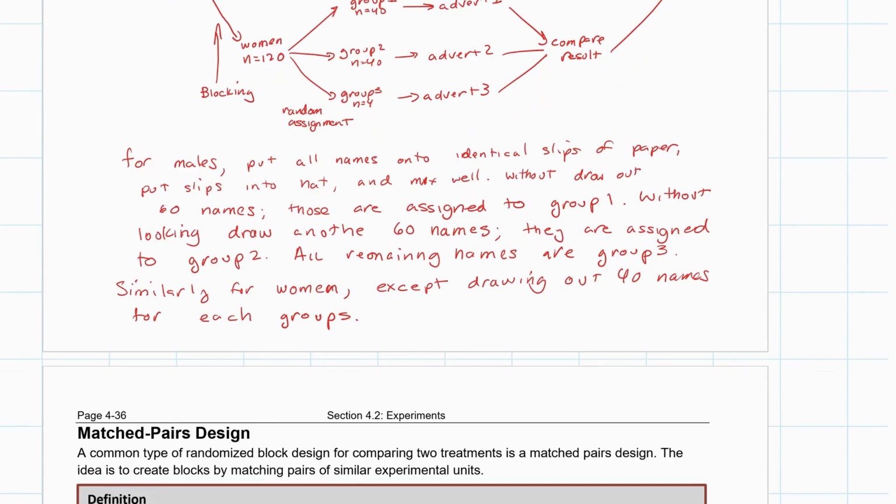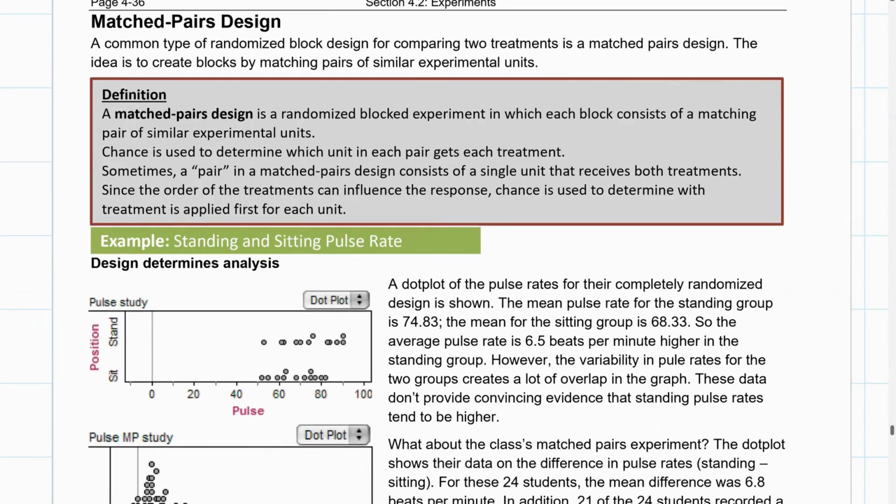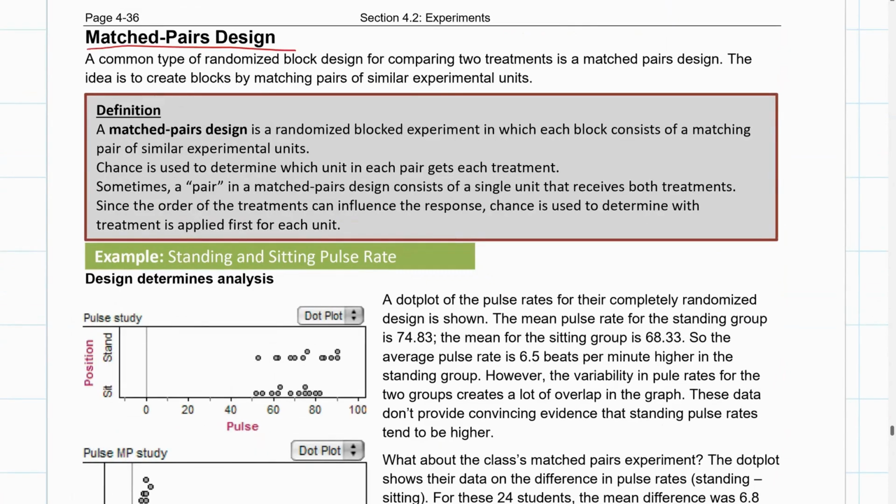All right, we got one more experimental design, and that's called the matched pair design. Now, in the matched pair design, we have a pair of similar experimental units. The similar experimental units could be twins, because twins, especially identical twins, are at least genetically identical to each other.